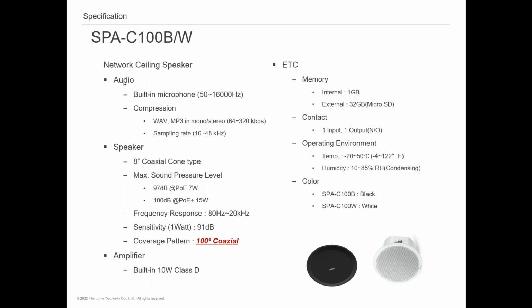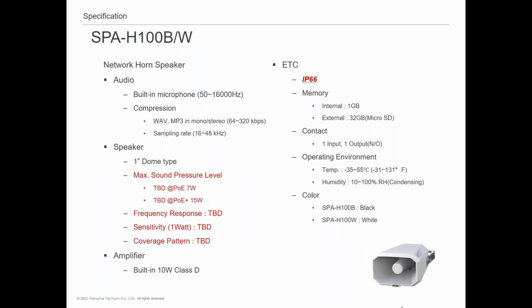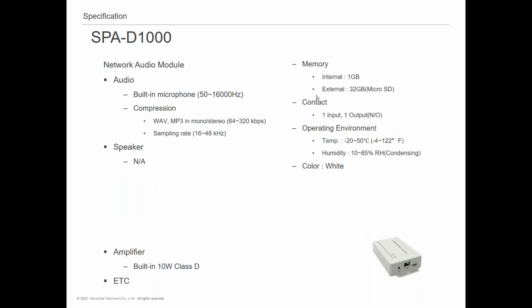So speaker specifications, as we can see, it's all 8-inch and 96 to 99 with PoE plus. Actually, that needs to be edited a bit. 100-degree coaxial coverage, because it's circular, so the coverage is 100 degrees. Then box speakers, the coverage is 180 degrees, and the horn speaker, the key point is it is IP66.